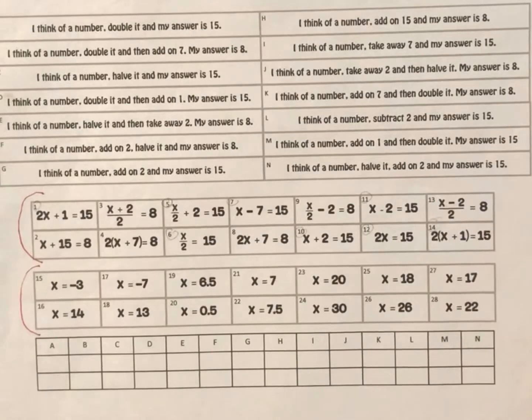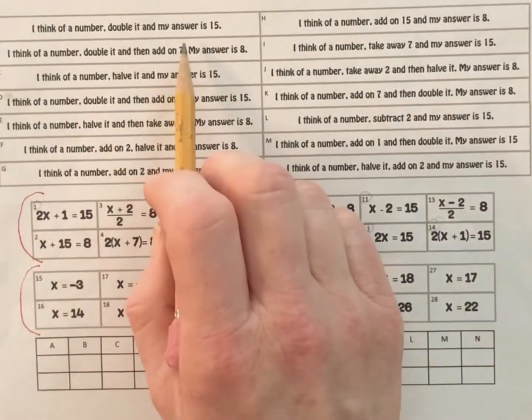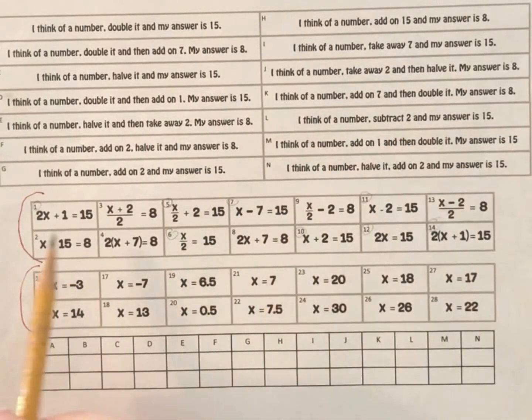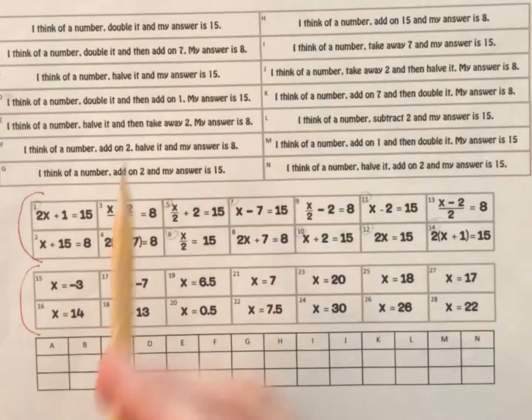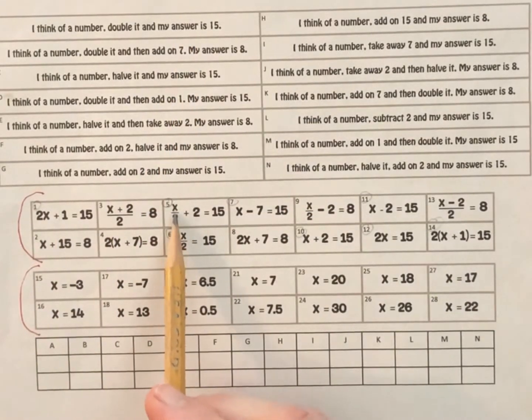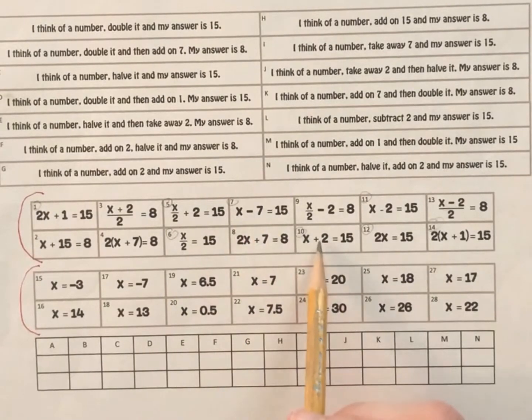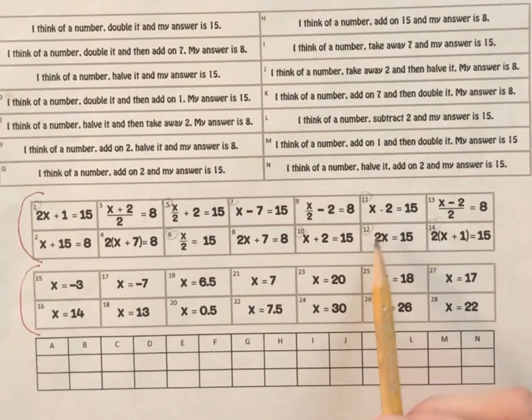Okay, so I think of a number and double it. So if you double it, you multiply it by 2. Oh, that's adding 1, it doesn't say that. So that is dividing by 2, that's also dividing by 2. Minus 7, adding 2, subtracting 2, double it.